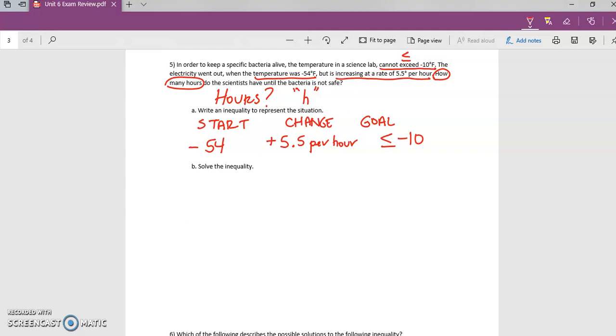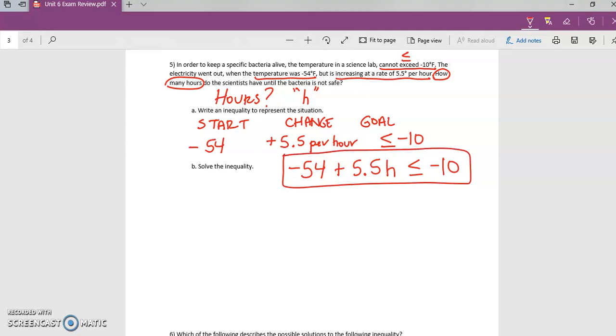So if I'm going to write it out, I can say my inequality will be negative 54 plus 5.5 times H, the number of hours, less than or equal to negative 10. So right there, that's my inequality. Okay, and that was part A, just to write the inequality.